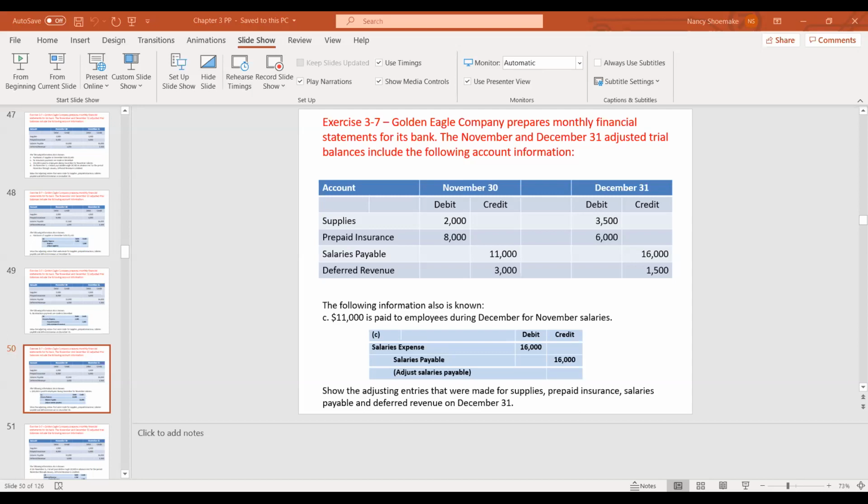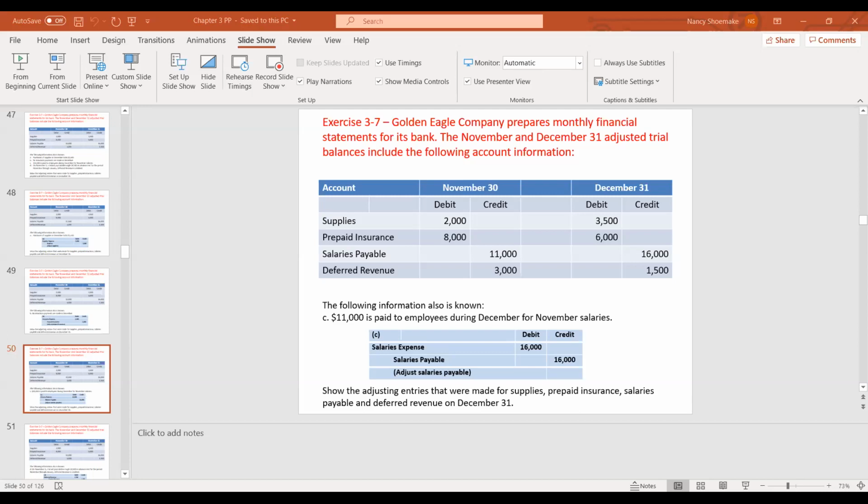Now, it told us that during the month of December, we paid $11,000 in salaries for salaries that happened in November. So at the end of November, we had a credit sitting here of 11,000. So we must have paid those salaries, which means we would have debited that salaries payable of 11,000.